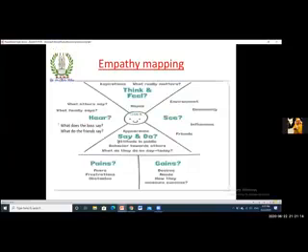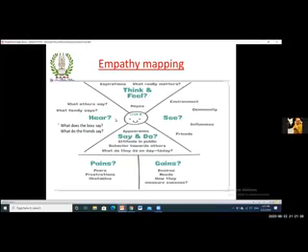Let's see this empathy mapping, and please take a screenshot of it, because it's a little hard to find on the net. Search more and more about this one, to understand it deeply.